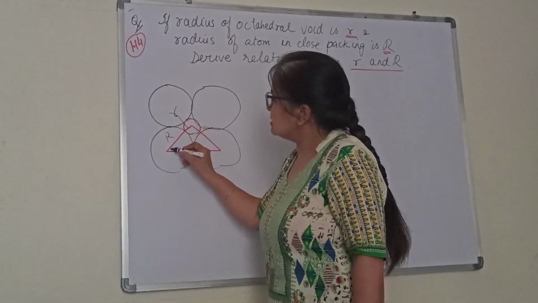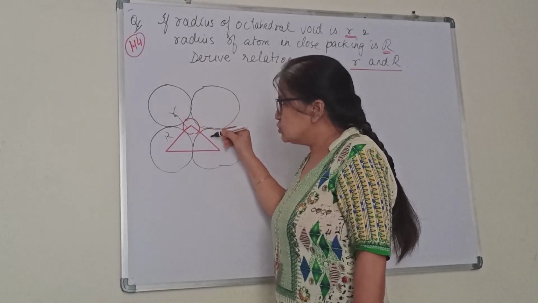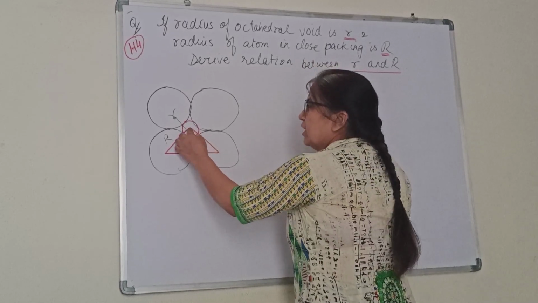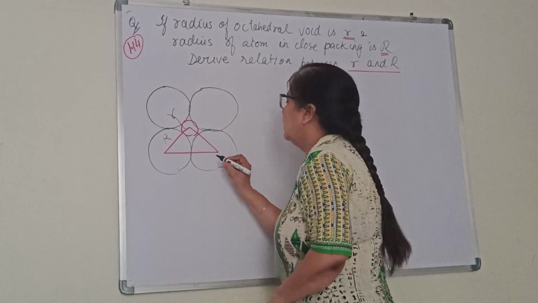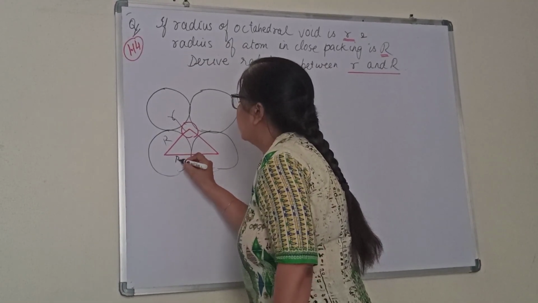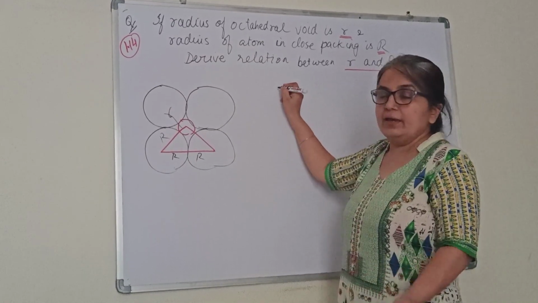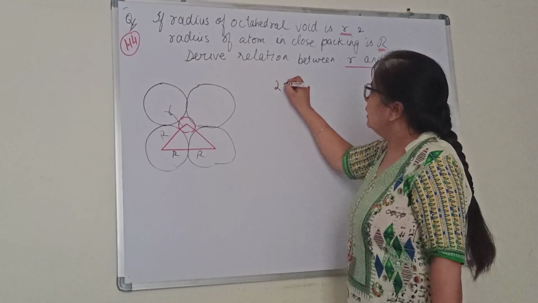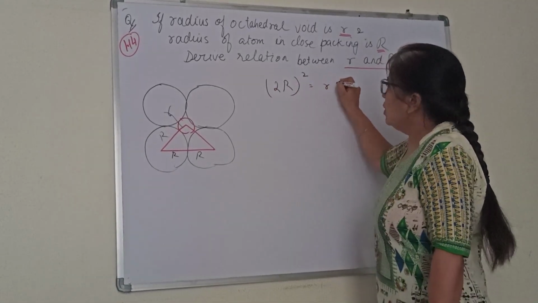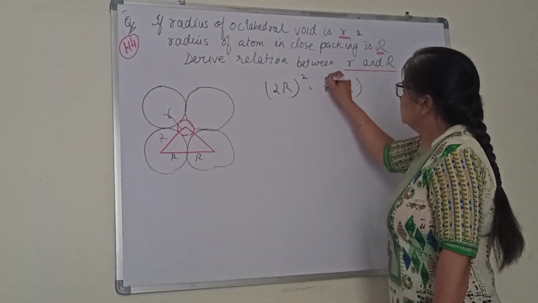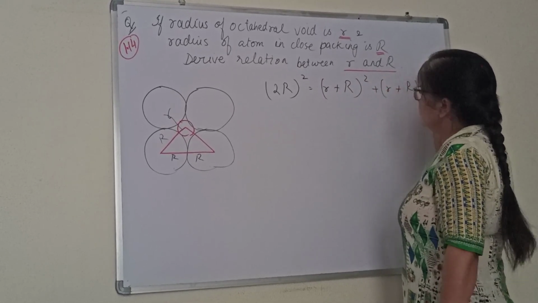So what is this? R plus r. And what is this one? Also R plus r, small r plus capital R. And this is one R, this is another R. So here you have a right angle. So we can apply Pythagoras theorem and get (2R) whole square is equal to (R plus r) whole square plus (R plus r) whole square.